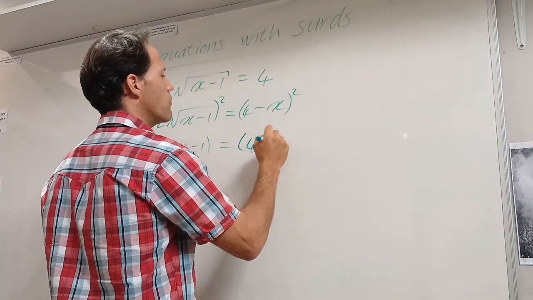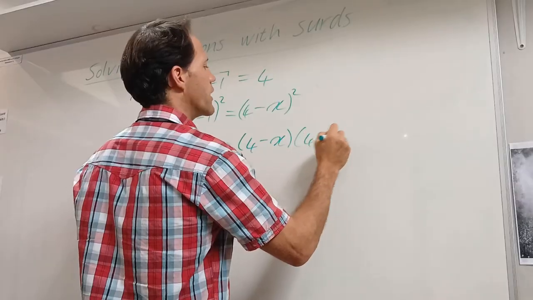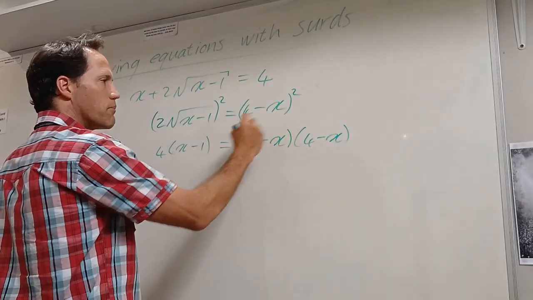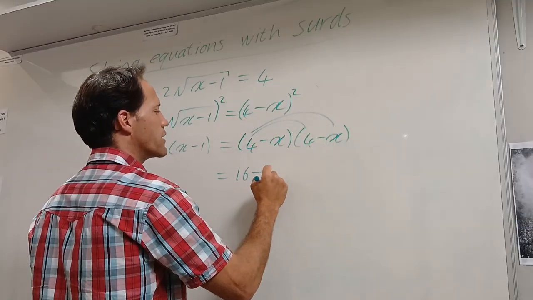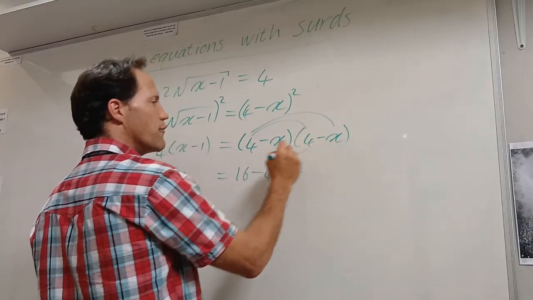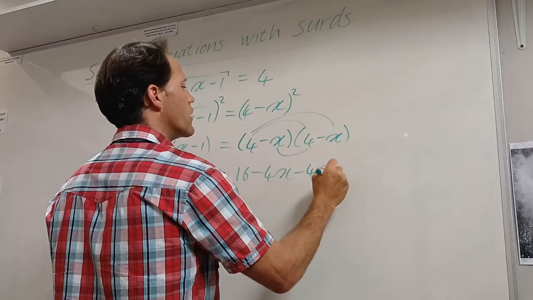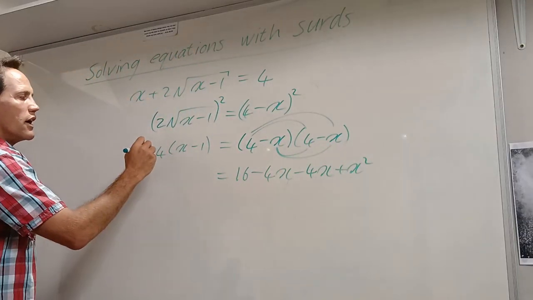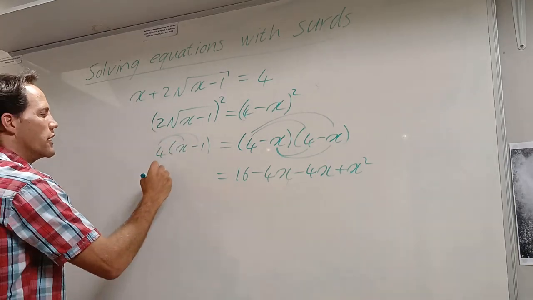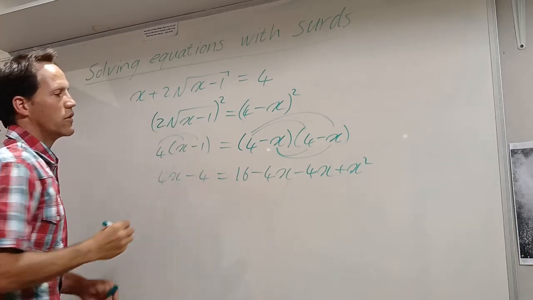Okay, so you can say 4 minus x, 4 minus x, and then you can multiply them out. 4 times 4 is 16, 4 times negative x is negative 4x, again 4 times negative x is negative 4x, and then negative x times negative x is plus x squared, and then this side you also multiply it, you get 4x minus 4.